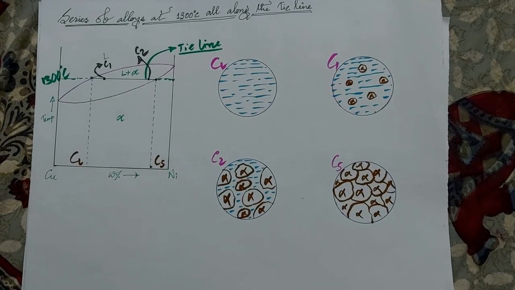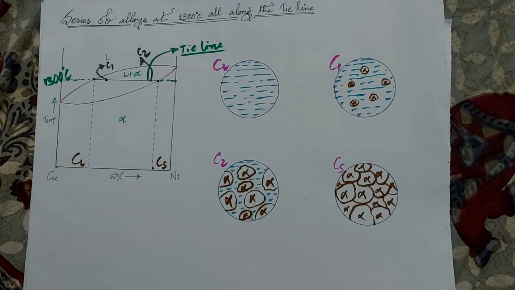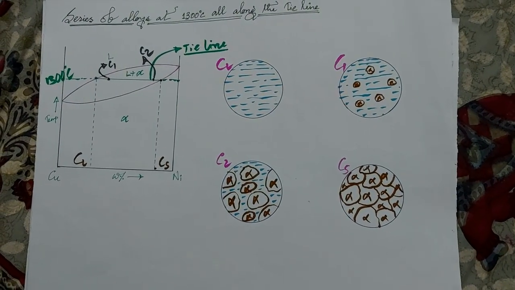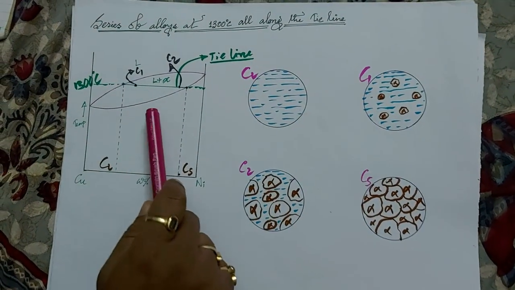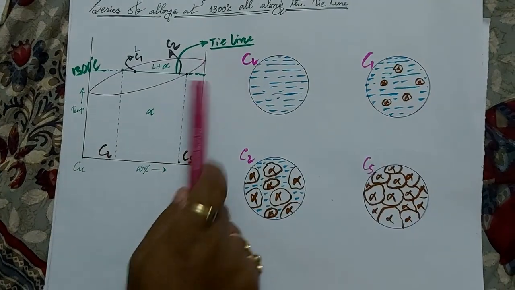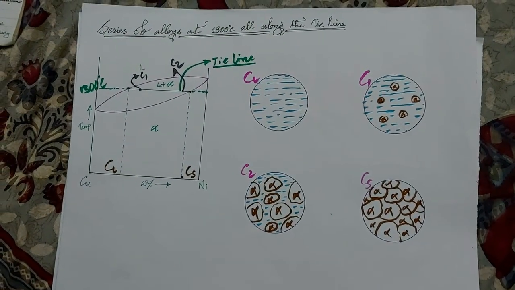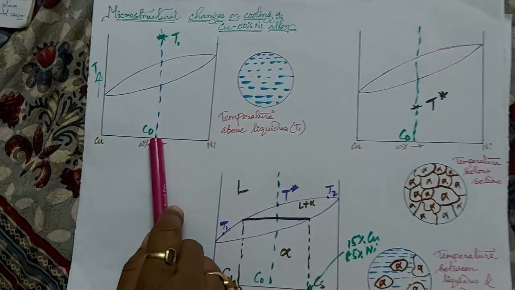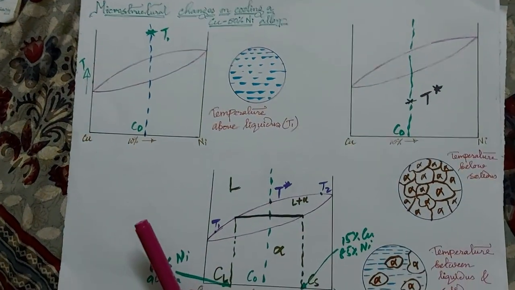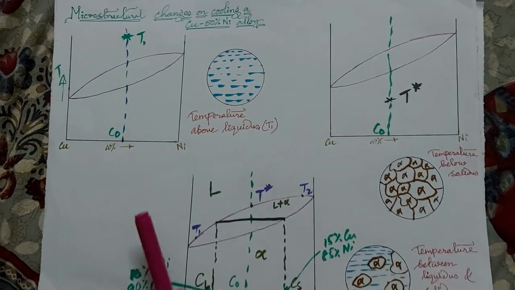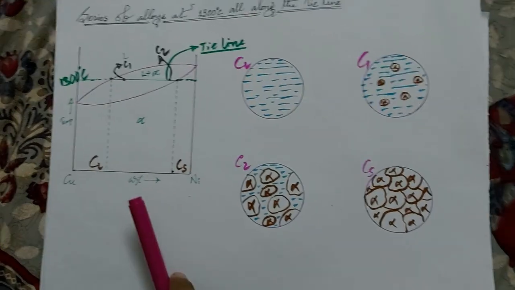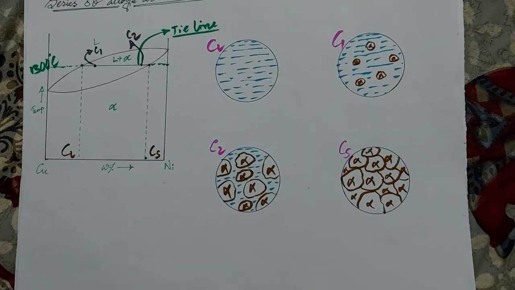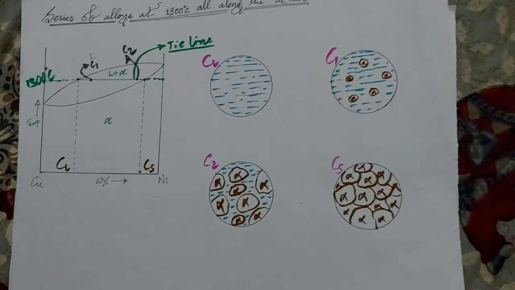To change the state of matter from liquid to solid, either we can go for constant temperature, which is this one, and vary the composition, or we can change the temperature for fixed composition.